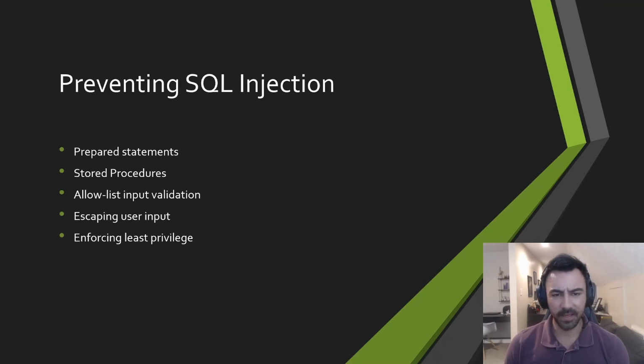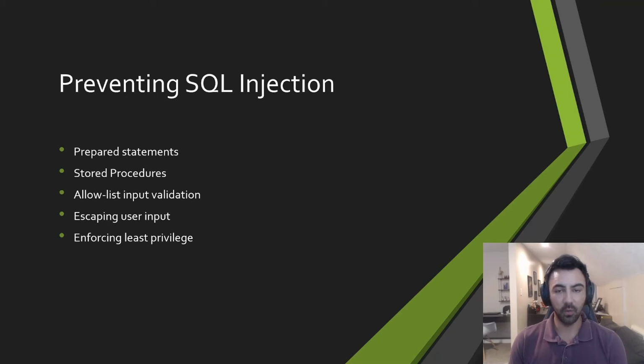So how do we prevent SQL injection from happening? I have a list here. The first 4 are kind of ordered from best to worst. And so the first would be prepared statements. This is our strongest defense against SQL injection. And what this is, you might hear it called parameterized queries or statements with variable binding.